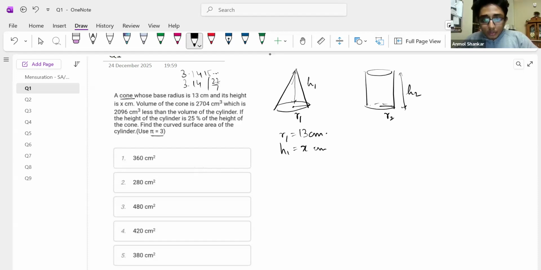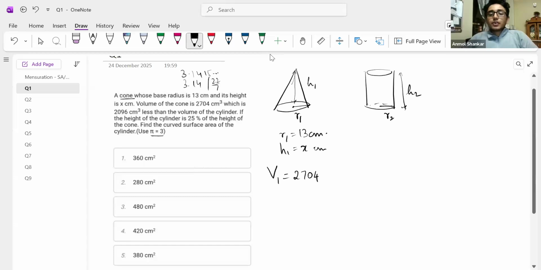Volume of the cone, V1, is 2704. Can you tell me the formula for V1? What is the formula for volume of a cube? Sorry, volume of a cone. Right, we just discussed. You need to know the formulas for the volume of the cone and the cylinder. For the cone it is 1 by 3 pi r square h.